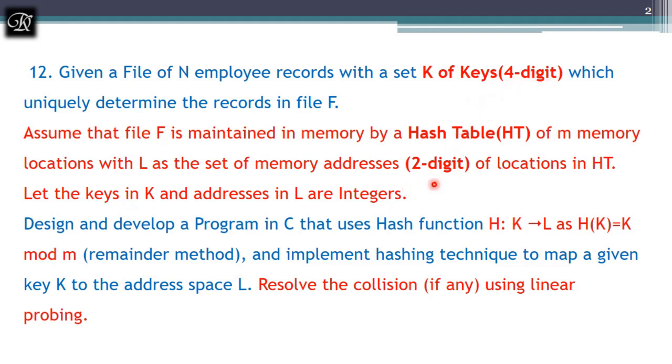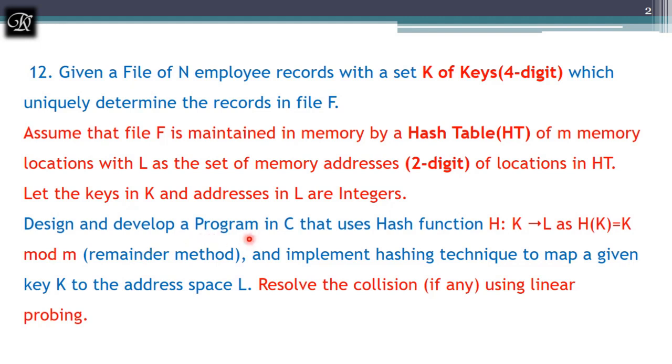For that we should get a 2 digit address, 2 digit locations in the hash table. Let the keys in K and addresses in L be integers. It means K is a set, L is a set, K having a set of keys, L having a set of addresses. Both are integer numbers. There are no fractions over here.